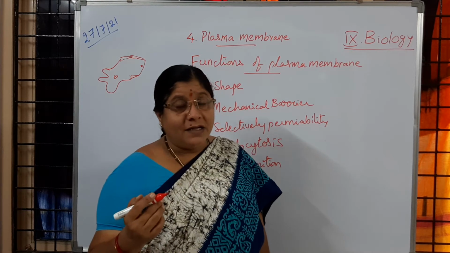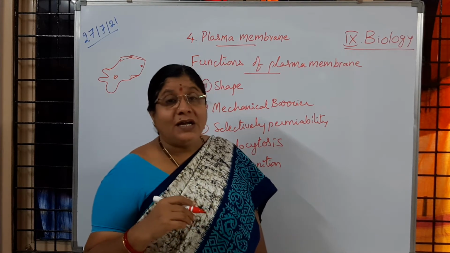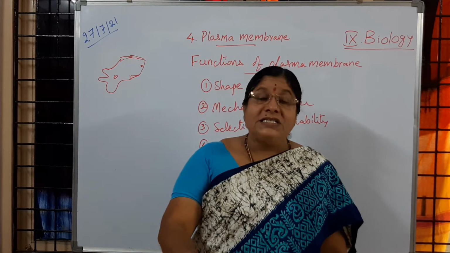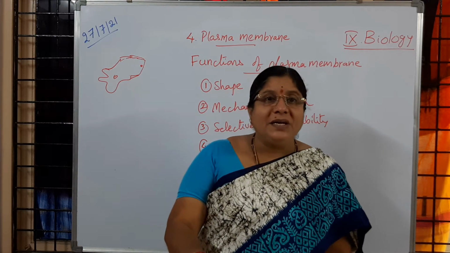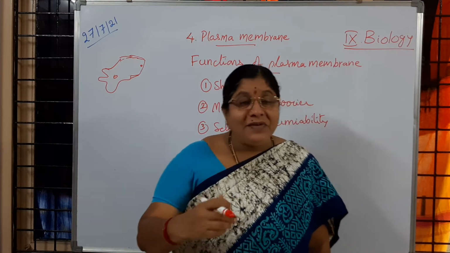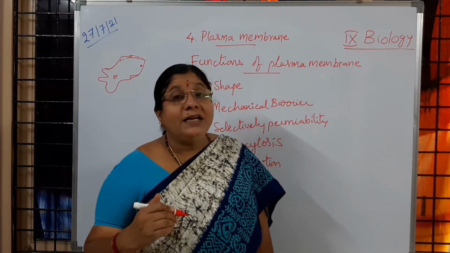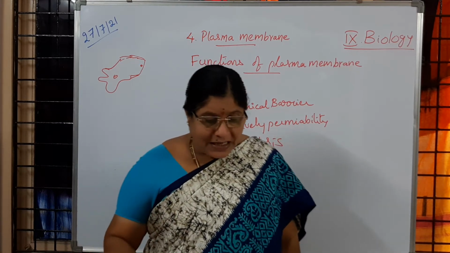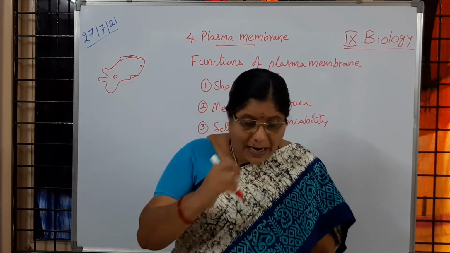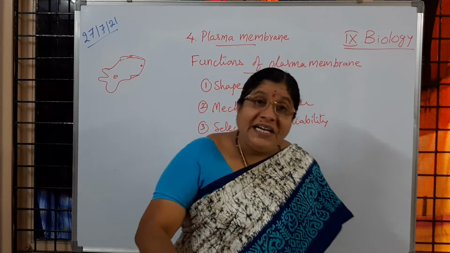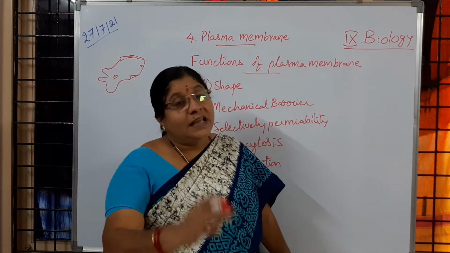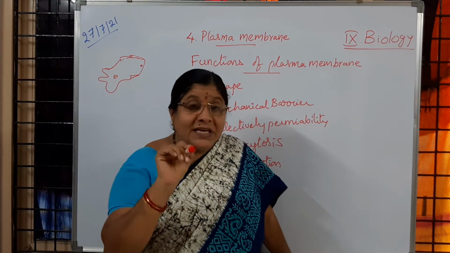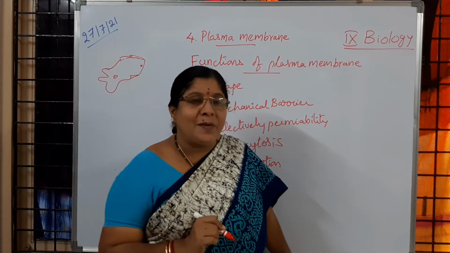Do you remember in the previous class you learned, children? So the plasma membrane has on its surface some chemicals which have the capability of recognizing. They can recognize, they can identify. And when they are identifying, they can catch hold of the organisms, because of those chemicals which are present on the plasma membrane.